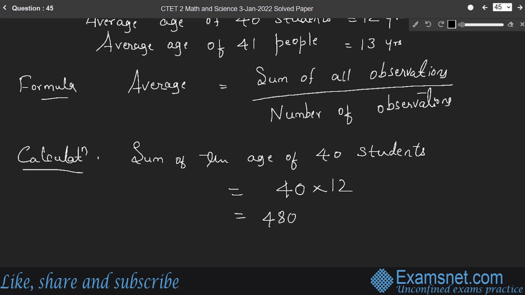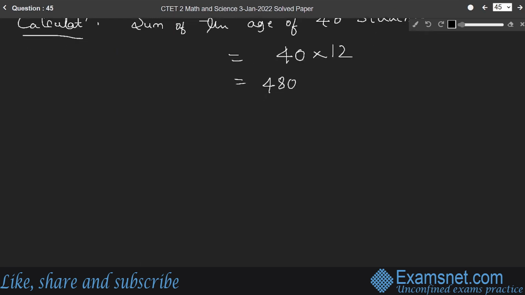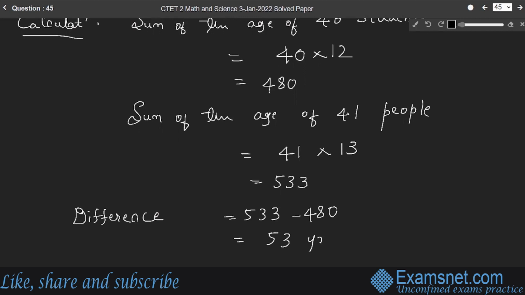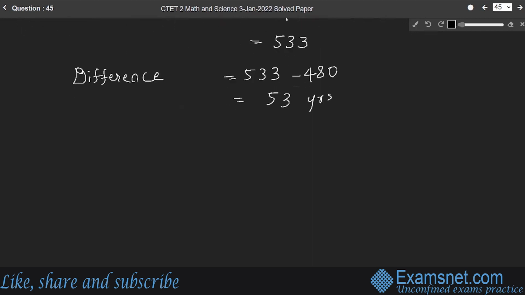Sum of the age of 41 people is equal to, number of people 41 into their average age 13, which is equal to 533. And the difference is, so this difference gives 533 minus 480, that is 53 years, which is nothing but the age of the teacher.